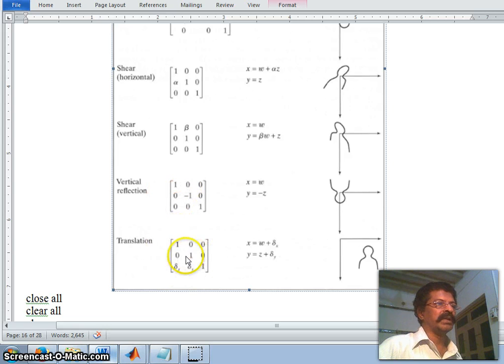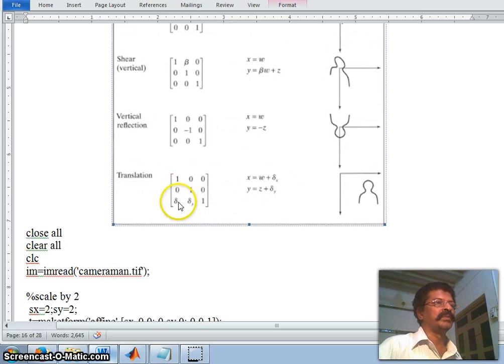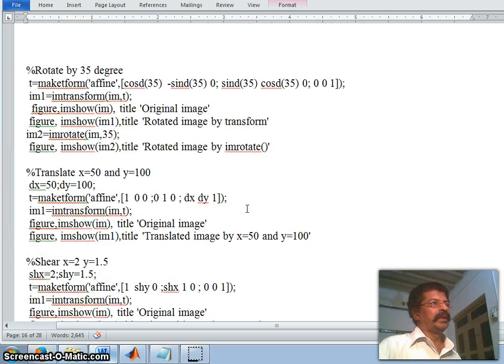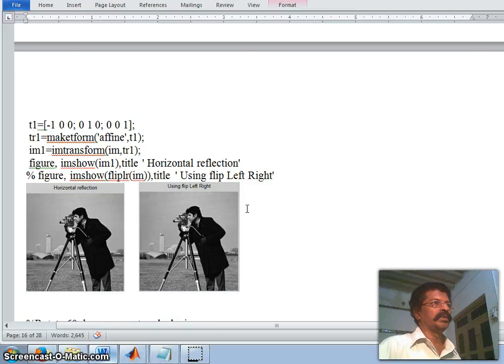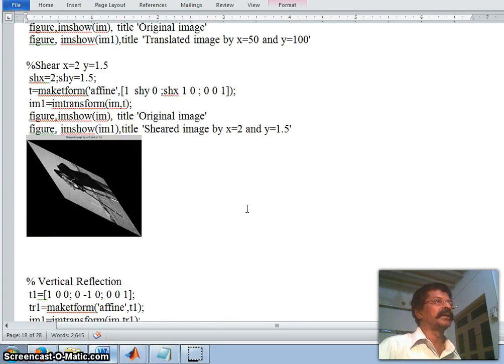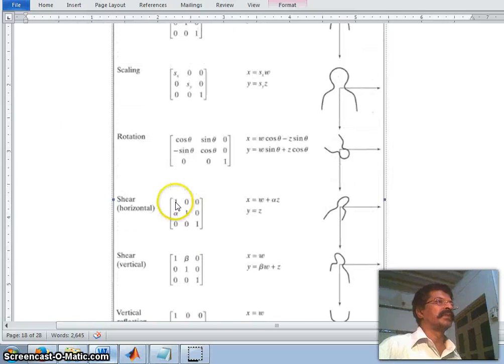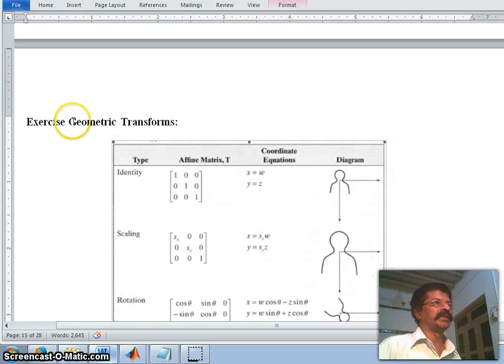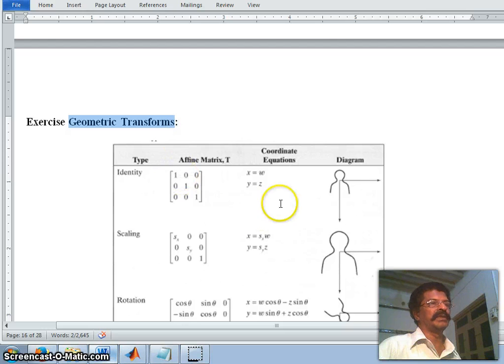And of course, the translation is obtained by specifying how much is to be moved along x and how much along y. These are the simple questions which form the geometric transforms, geometric operations on an image.